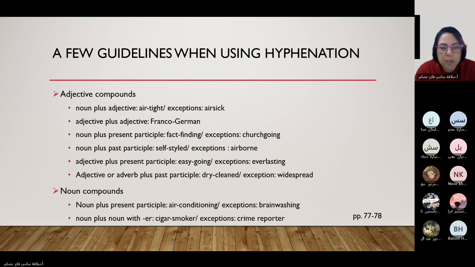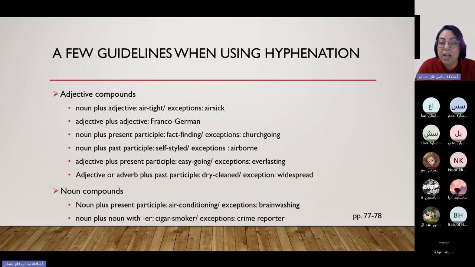We have to learn them by heart, you guys. I cannot tell you that there is a concrete rule. I mean, here you have rules, okay, but it's not concrete. So there are some exceptions, so we have to learn them by heart. Noun plus past participle, self-styled, self is a noun, styled is the past participle.